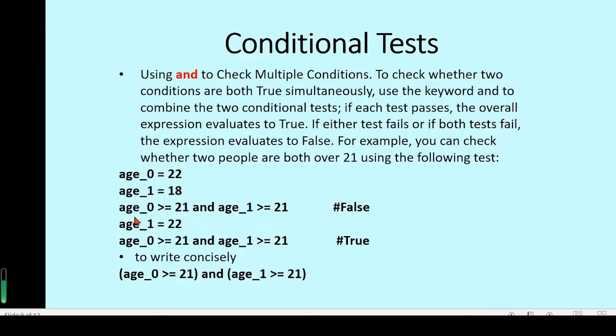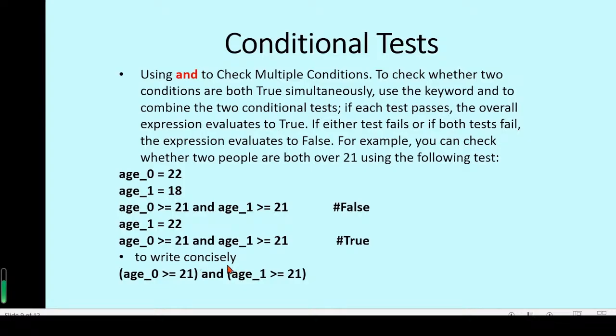We can test if this age is larger than or equal to 21, and this one is also older than 21. The result will be false because one is not larger than or equal to 21. But if we change the second one to 22, then we test again, then it will be true because both are older than 21.